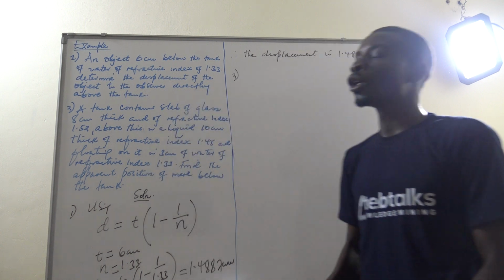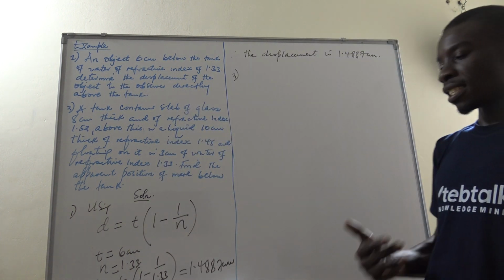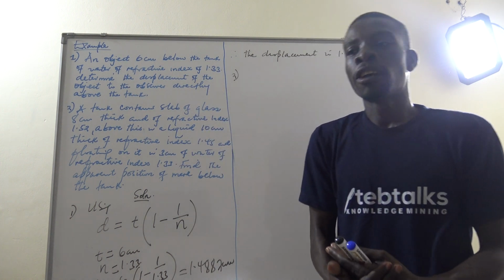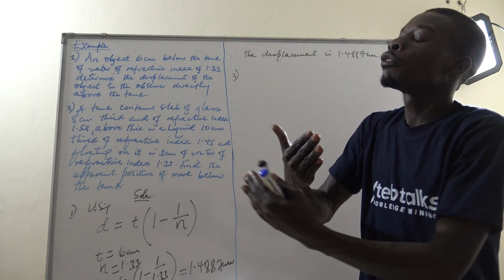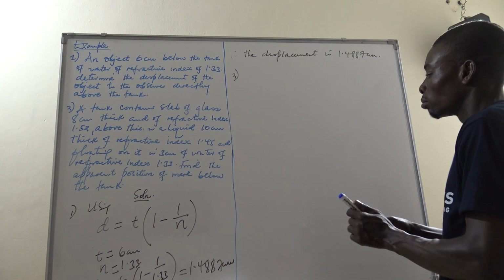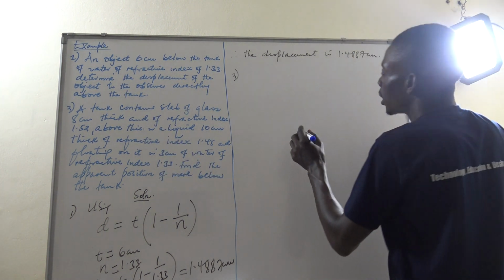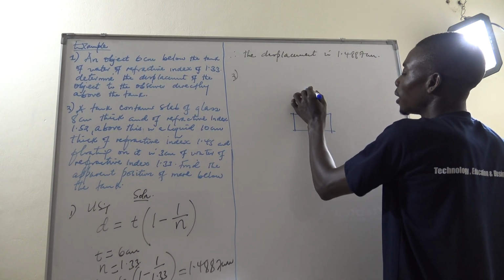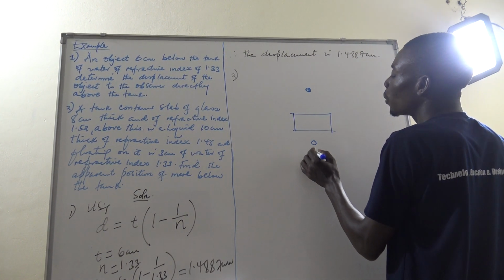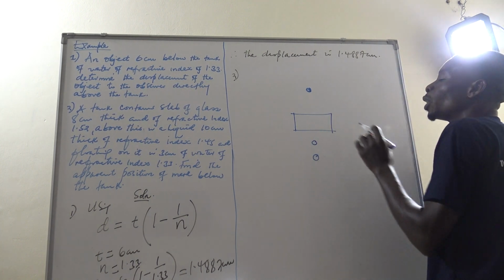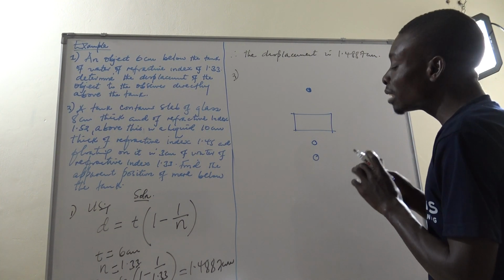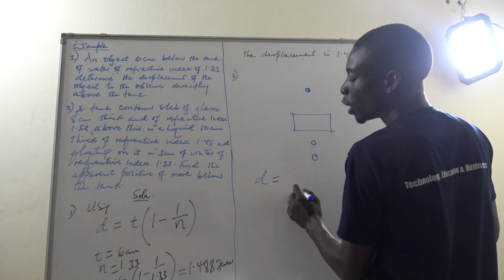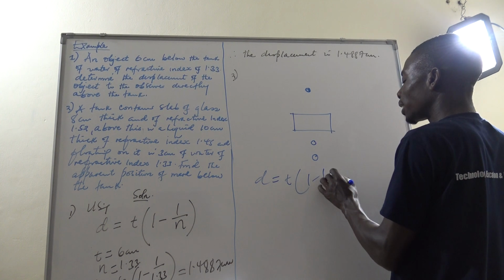And then number 2, you should also note that how much an object will be displaced is independent of how far it is from the bottom. Displacement is only affected by D equal to T times 1 minus 1 over n.